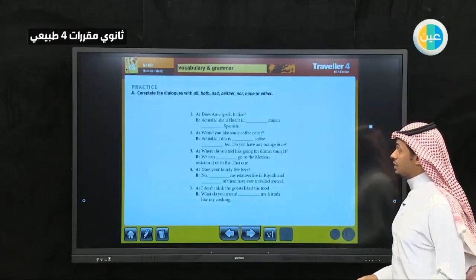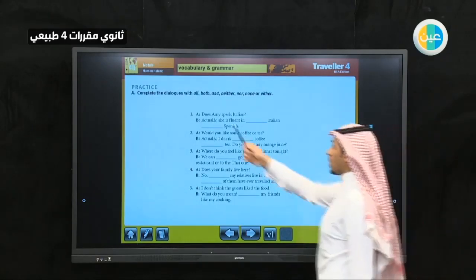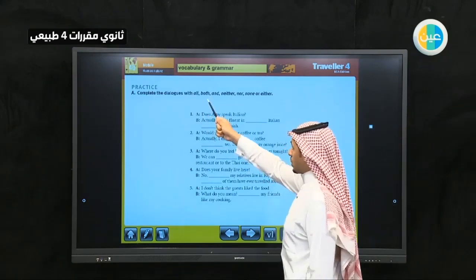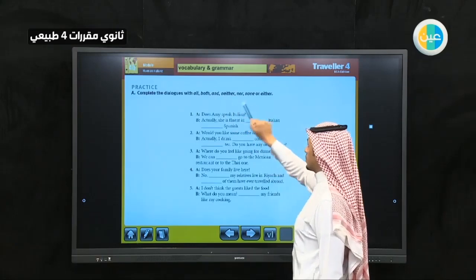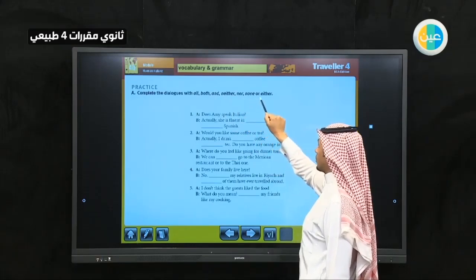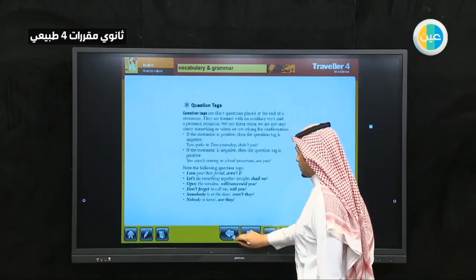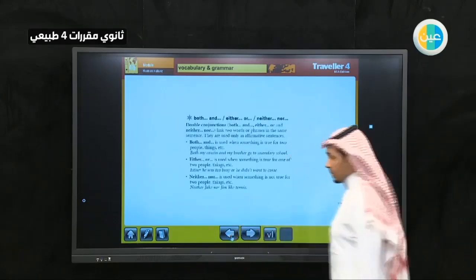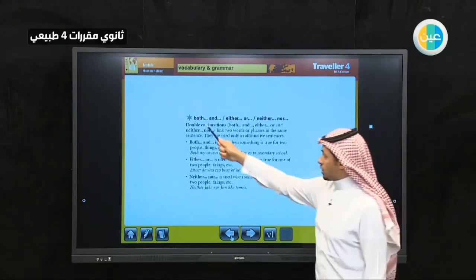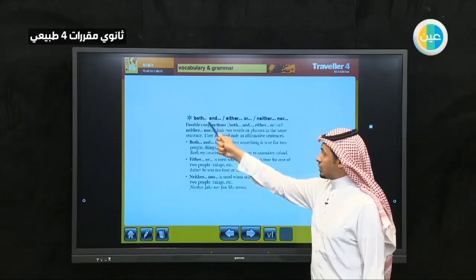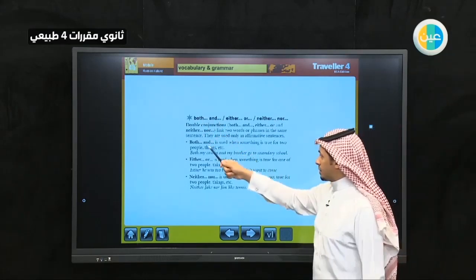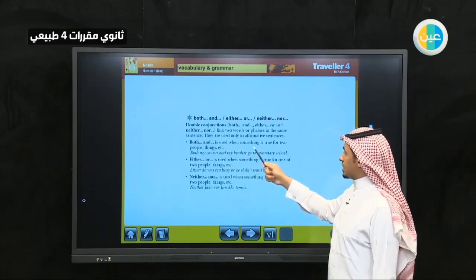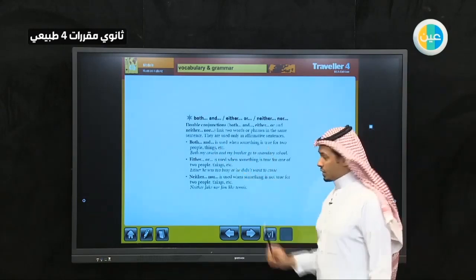Complete the dialogues with all, both, neither, nor, none, or either. But before that, both, we use with the word and. For instance, we use it when something is true for two people or things.